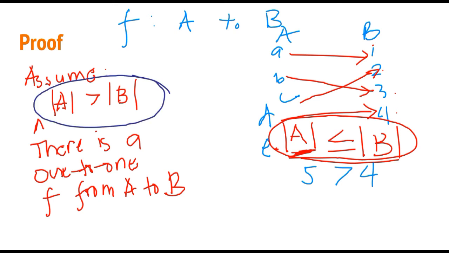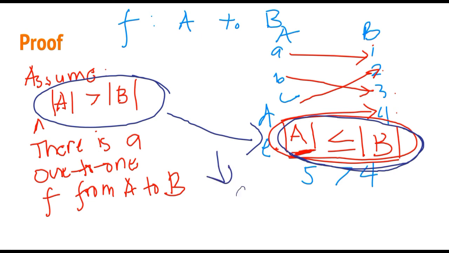The cardinality of A is greater than B, but for us to have a one-to-one function from set A to set B, the cardinality of A should be less than or equal to B. This ends up now in a contradiction.